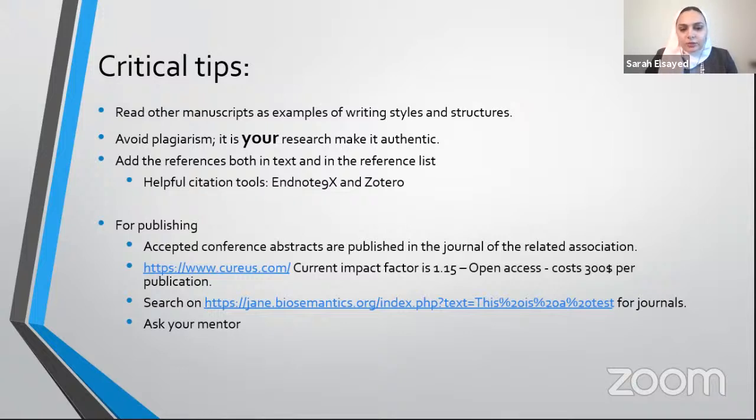There's a website called Cureus.com. Its impact factor is 1.15, and the impact factor reflects the number of citations the journal has. It's open access, so it usually costs fees to publish. It's approximately $300, but not more than that. Also, I believe one of our colleagues referred to this website in one of the previous sessions.